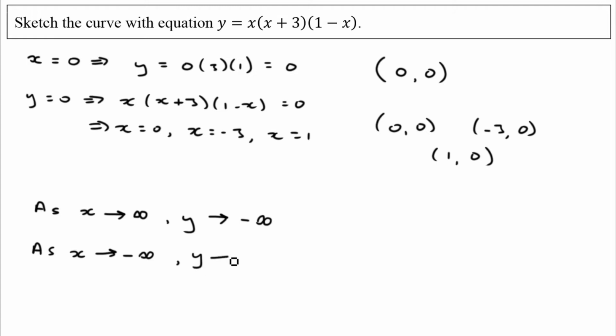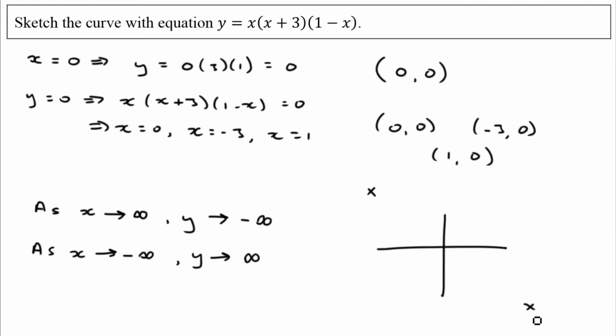So the y will get very, very large and positive. It will tend to infinity. That means that as x comes in from the left, from negative infinity, we will have a positive y. And as the x gets larger and larger towards positive infinity, the y will be negative.